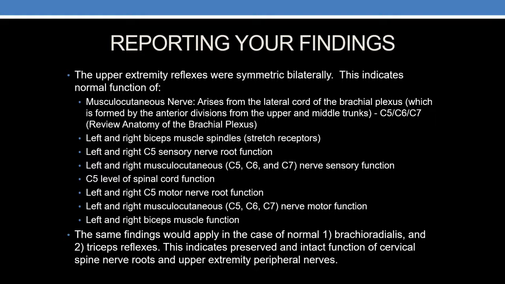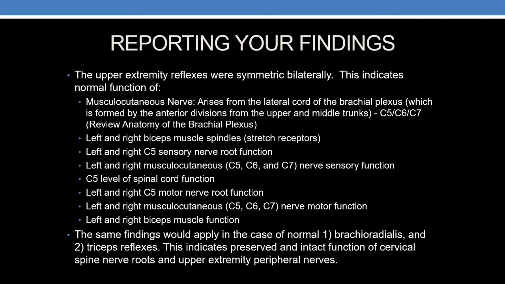It indicates at least that the C5 level of the spinal cord function is normal, and that was our fourth component of the reflex arc, the spinal cord, where these mono or polysynapses take place. That has to be functioning properly to have a normal and brisk reflex.